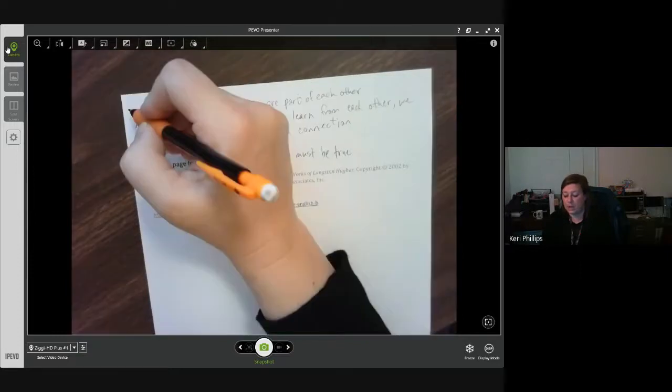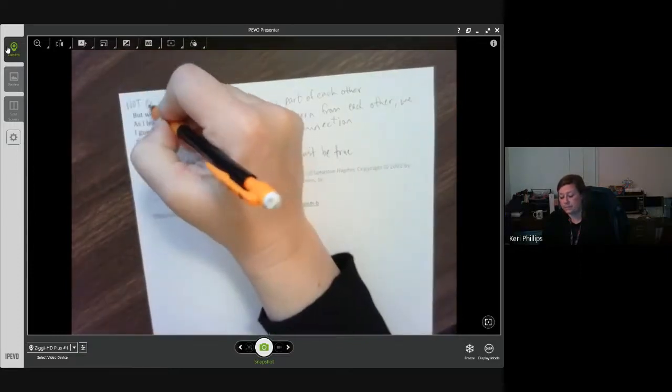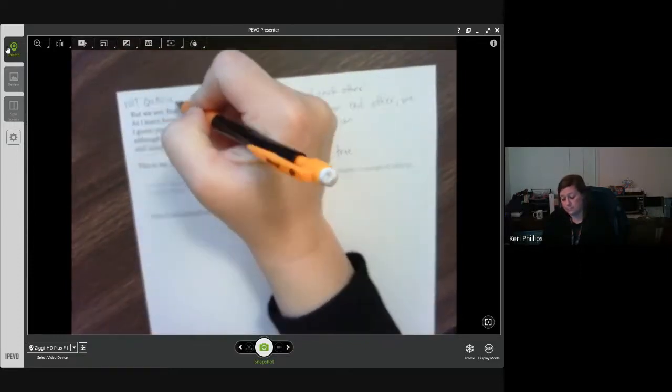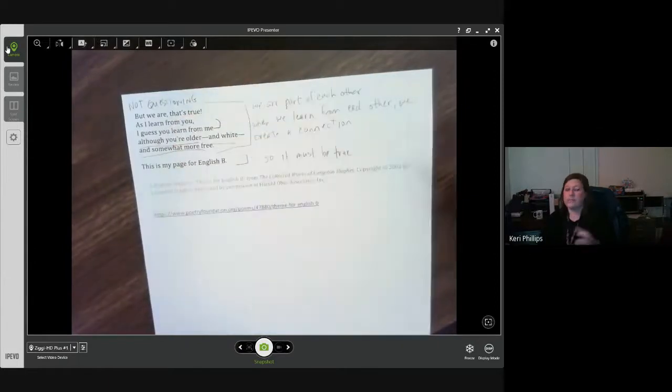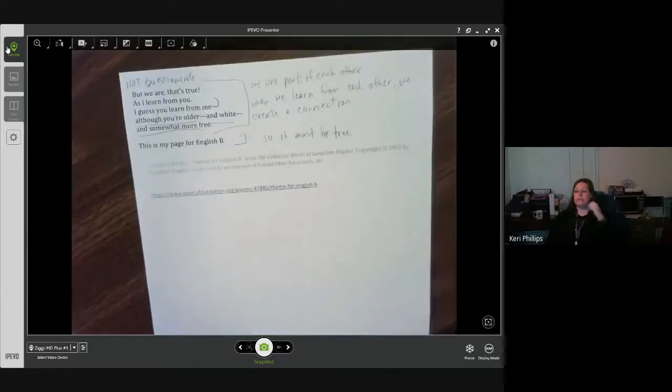So this is not questioning. So I would say all of the first of the poem is more questioning and sort of wondering. And now he's not really questioning. He's come up with his idea.